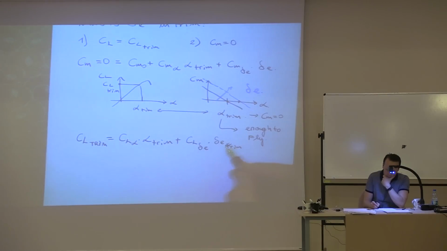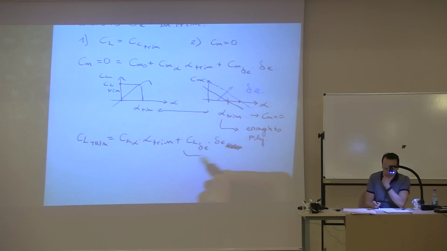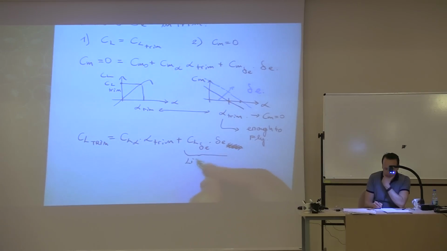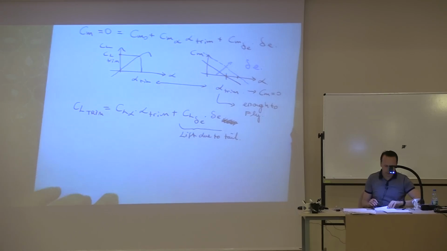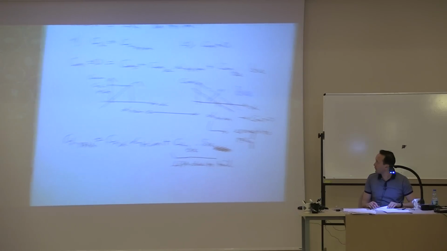Well, let's just call it trim. Okay, del E, because the del E will also create some additional lift. I mean, the tail, lift due to tail. Okay. Now you have two equations, and you can hopefully find the trim from this.